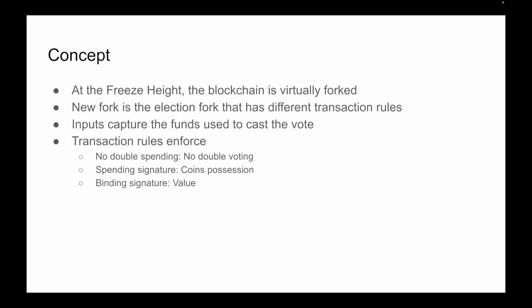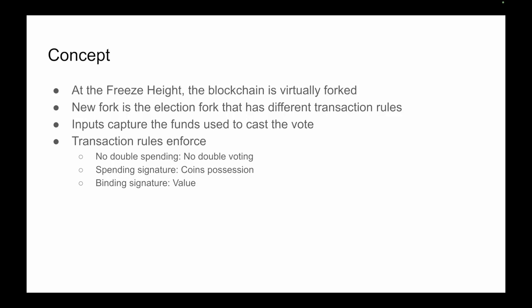But besides that, we use the same idea that the transaction is already capturing most of the rules of a vote, particularly the inputs. Because when you make a transaction and you pay someone, you're enforcing a few things. You're enforcing that there's no double spending.